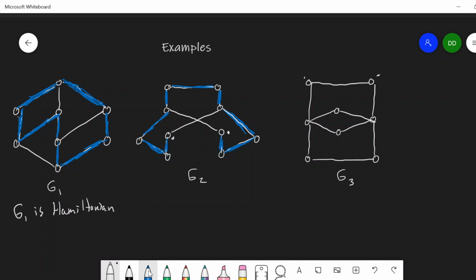Either our Hamiltonian path goes between those two vertices, so they are the initial and terminal points, or they are on the interior of the Hamiltonian path. But any way we do this, we're still going to run into a problem with these two vertices down here. I have to encounter both of these two vertices in the Hamiltonian path.